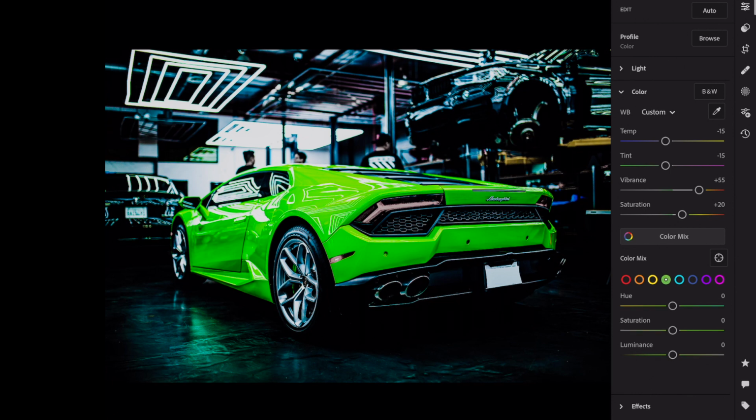Green. Hue, minus 70. Saturation, minus 100. Luminance, plus 8.